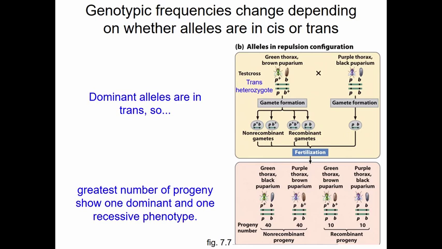It's just 1, right? You can't have more than 100%. So if the recombination frequency is 10%, then that means 90% do not have recombination.